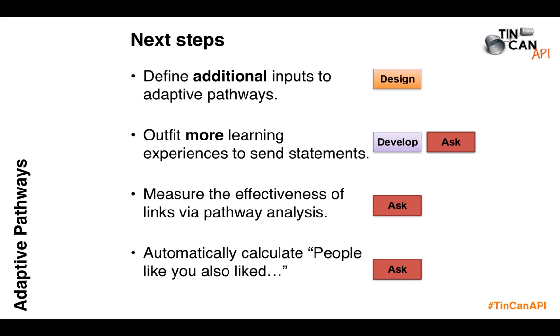I think that kind of thing could be really impactful. We could get some really interesting results from that. So that's an area that you could do, a place you could take these adaptive pathways, automatically generating those. And that may be something to ask your LMS or your LRS vendor about, or perhaps do some development yourself.